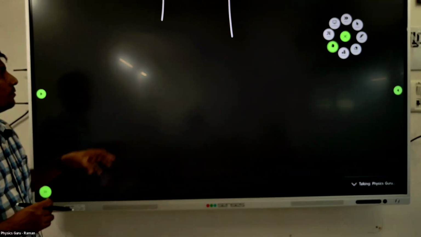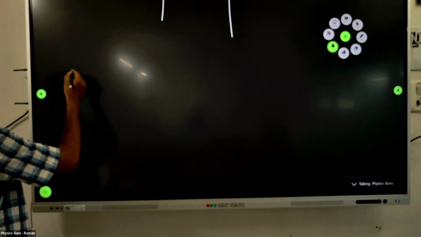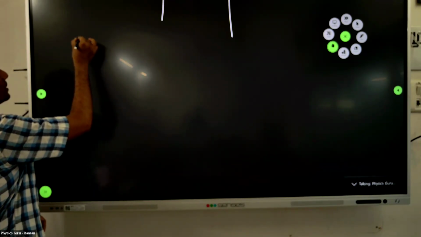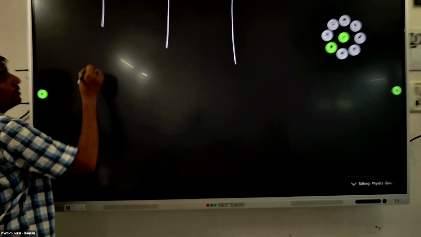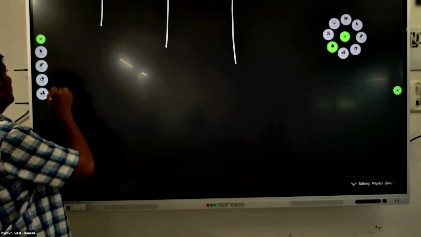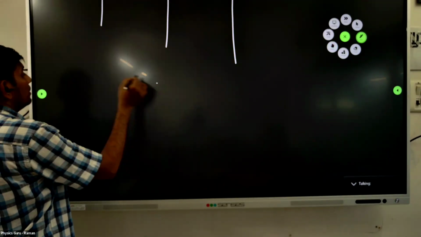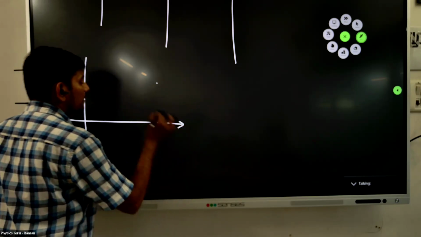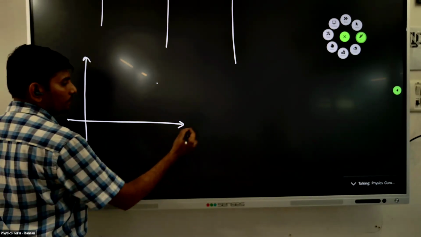And besides that, we have learned a few formulae. For example, let me take x and y axes.